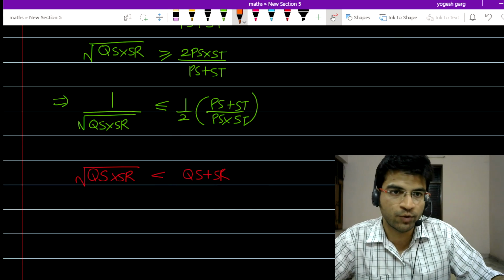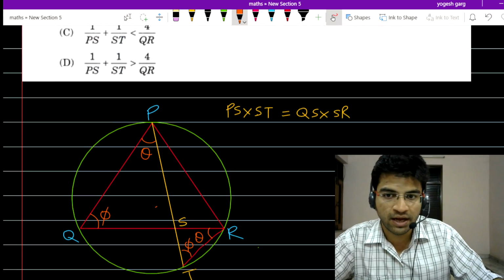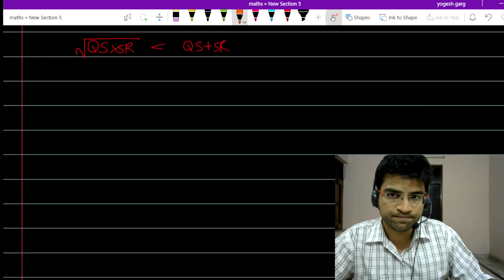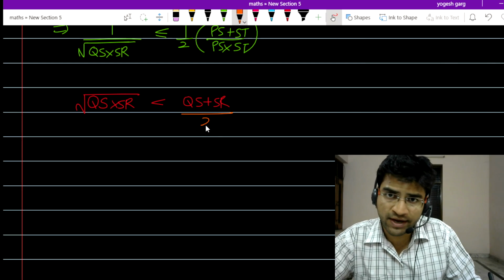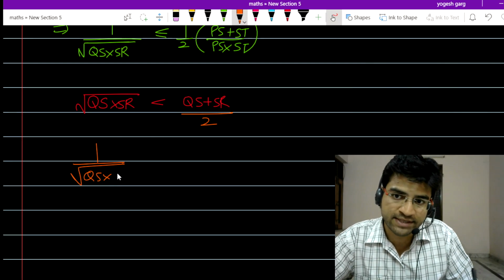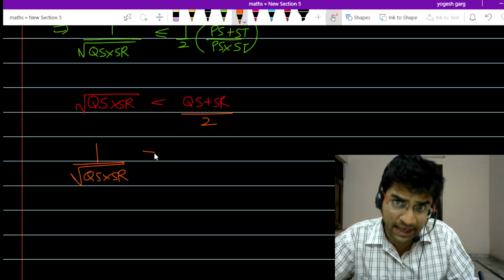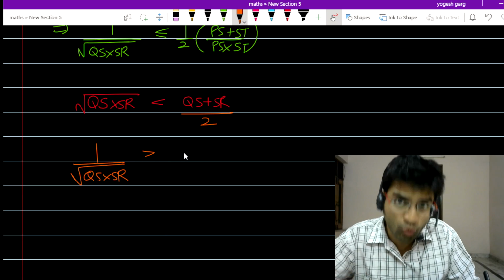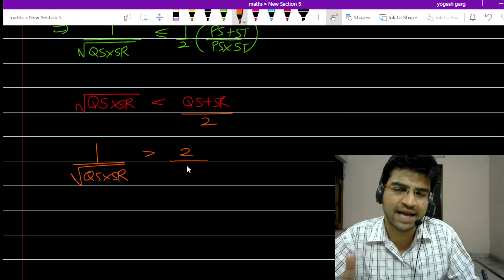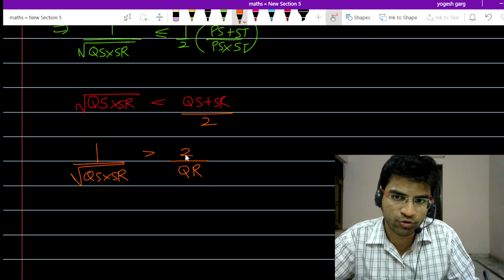Again the same logic, QS and SR should not be equal unless S becomes the circumcenter. So it means 1 by root QS into SR is greater than 2 by QS plus SR, again the sign changes with the reciprocal. Now QS plus SR is QR, so this is 2 by QR.